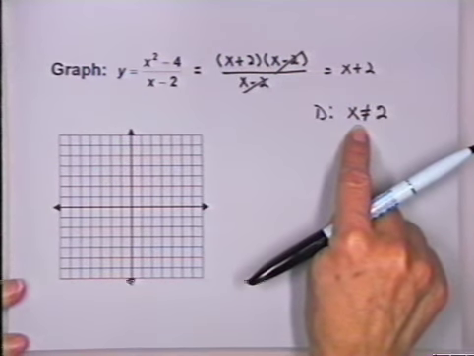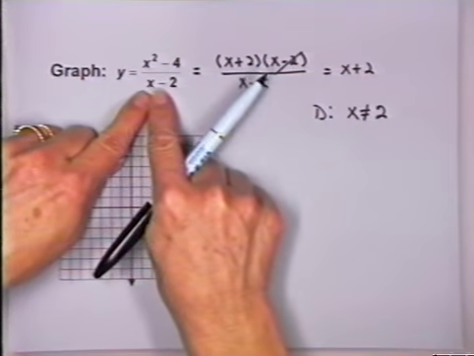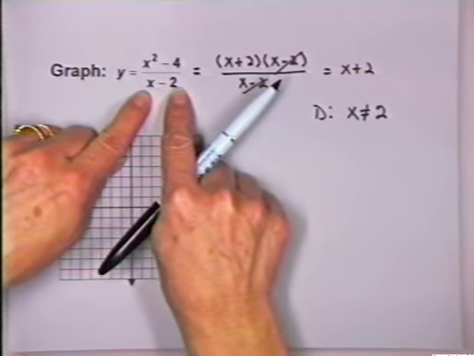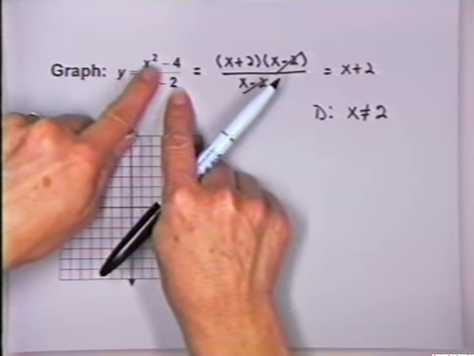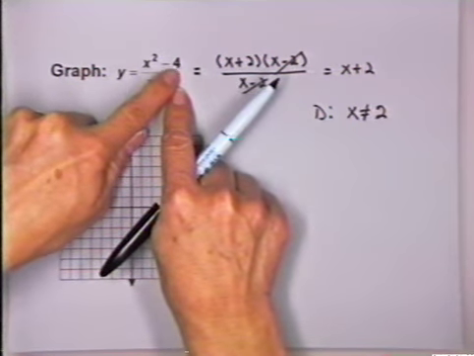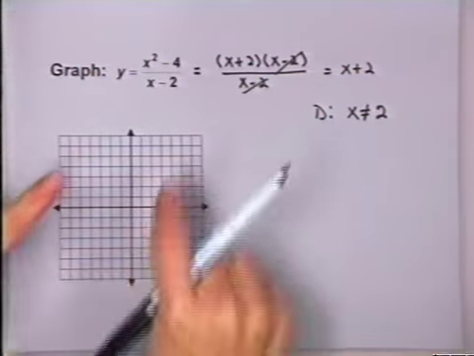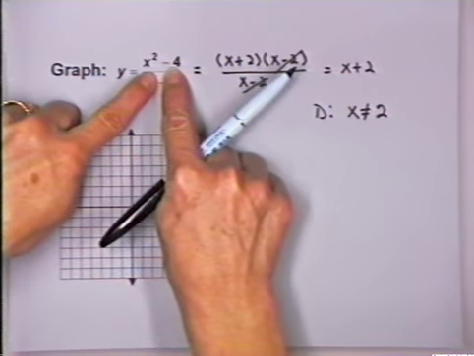Okay? Now I also want to point something else out here to you. Notice that 2 makes the denominator 0, but look what 2 does up here. 2 squared is 4. 4 minus 4 is also 0. Now this is the first time on this tape we've seen a situation where a number that made the denominator 0 also makes the numerator 0.